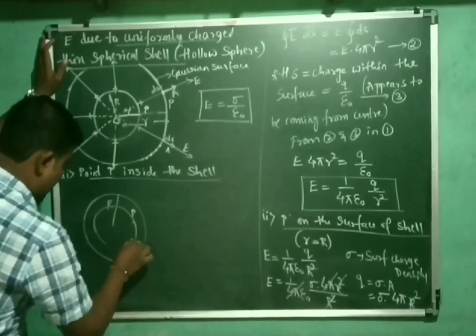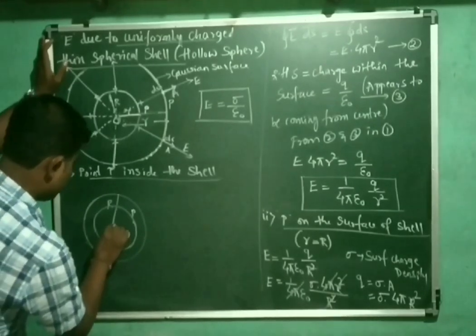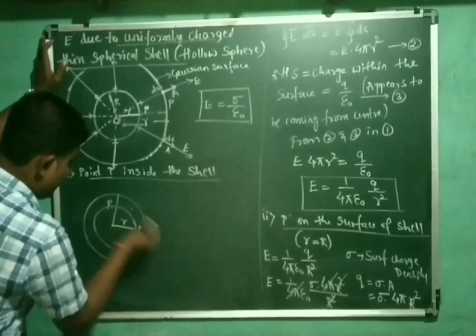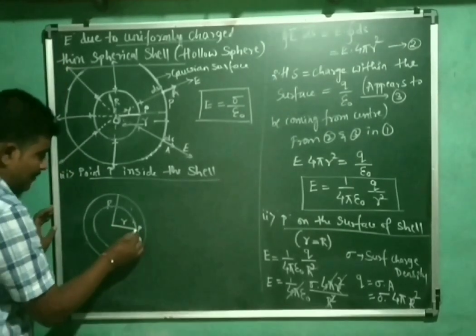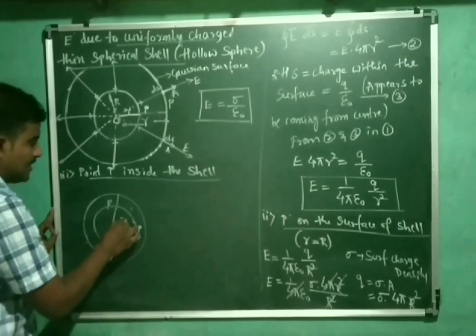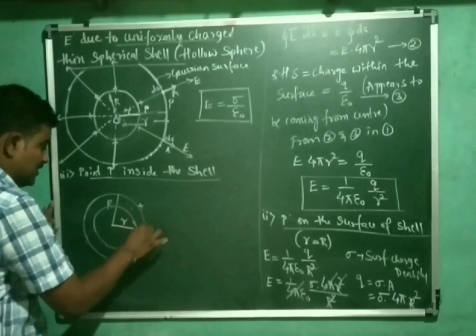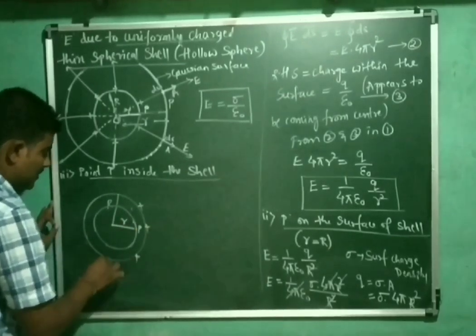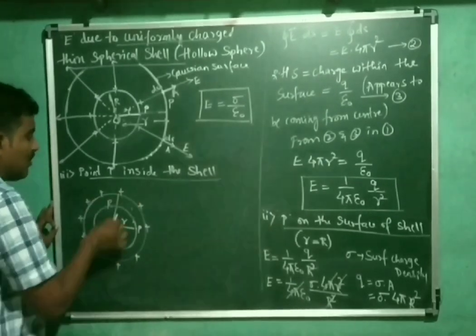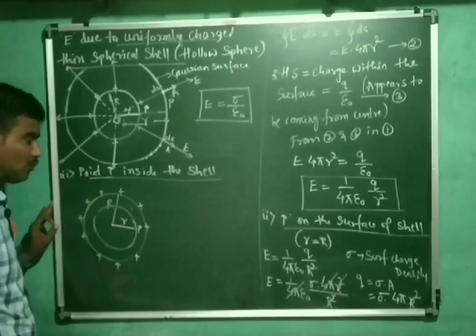I will consider another sphere, and the radius is going to be small r, because this point P is located inside the shell. I am supposed to find the electric field intensity at point P at a distance of small r. As you can observe, all the charges are located on the outer surface of the conducting shell. Therefore, there are no charges within the Gaussian surface.